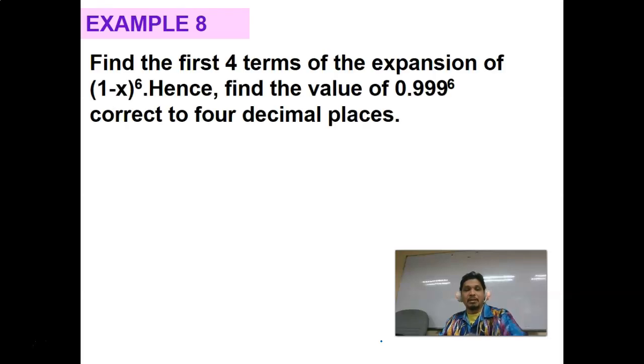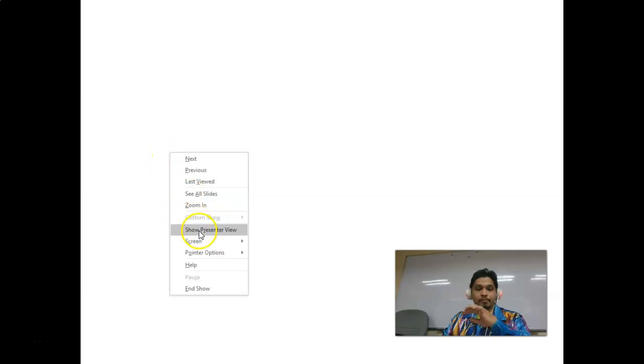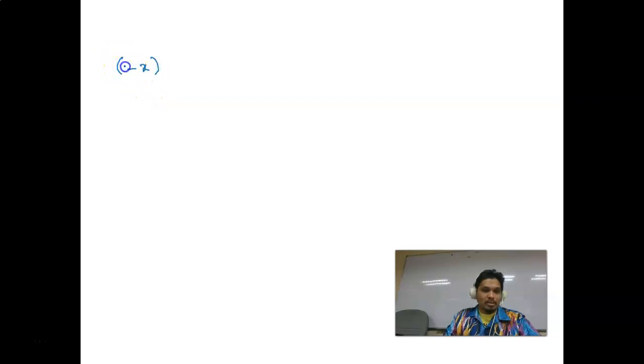Example 8. Find the first term of expansion of 1 minus x to the power of 6, and find the value of 0.999 to the power of 6 correct to 4 decimal places. Okay, so for this one here now, 1 minus x to the power of 6.